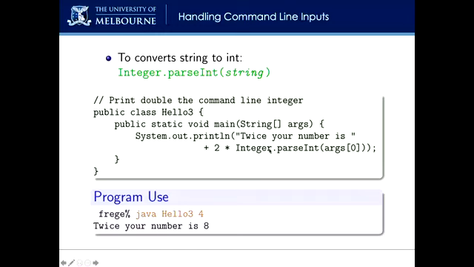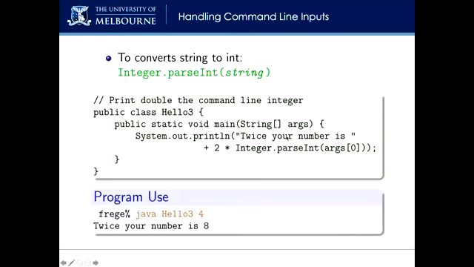And Integer allows you to have many different functions available to it. So if you remember the API and the list of all those commands that you had for the string, Integer has the same. It has a load of different commands that are available to it. One of those commands is parseInt, which simply says, take in a string and try and convert it to an integer and return it as an integer primitive type.